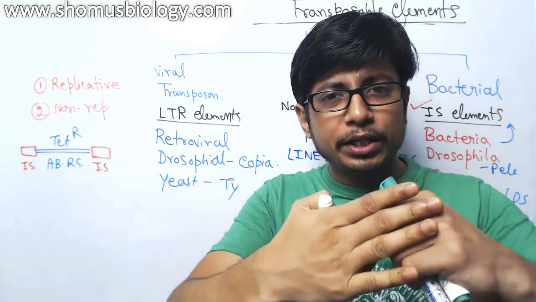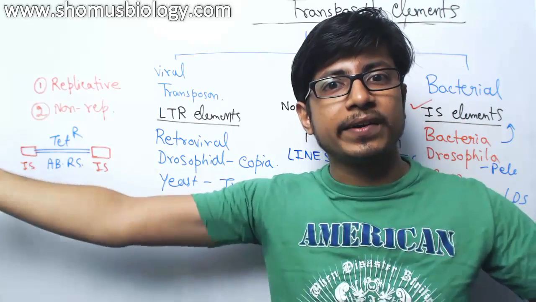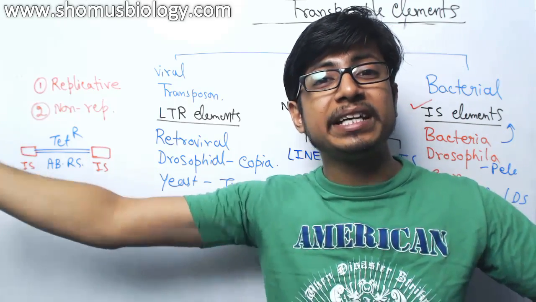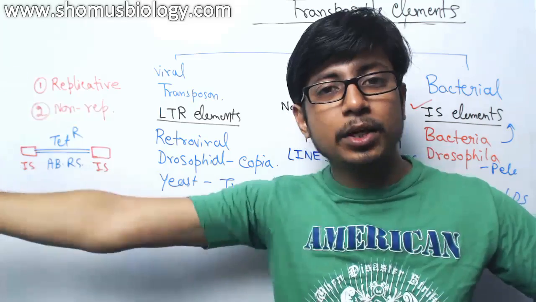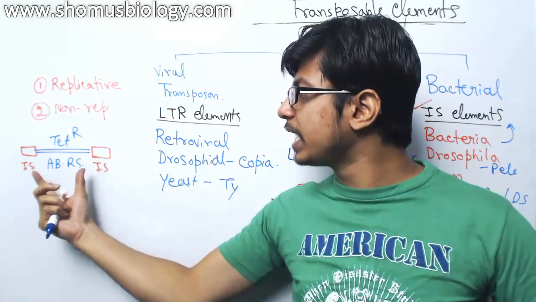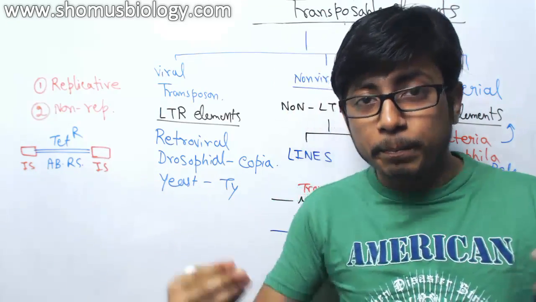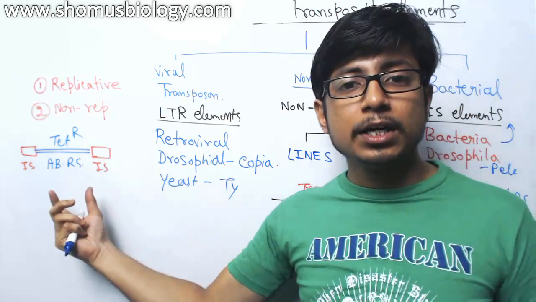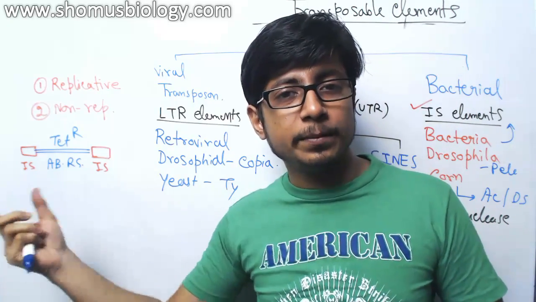That can help them make a huge cassette of antibiotic resistance, and we call them integrons. These integrons are a cassette of antibiotic resistance genes received with the help of these jumping genes, or transposable elements, in bacteria.